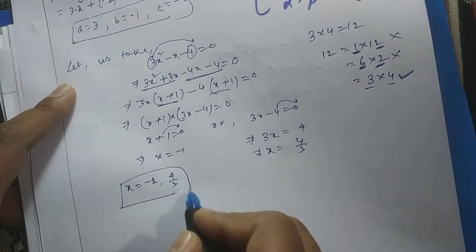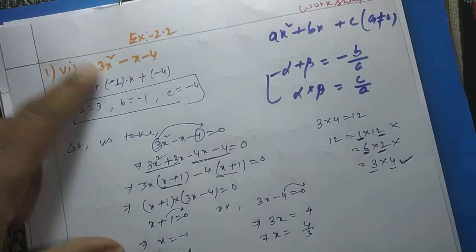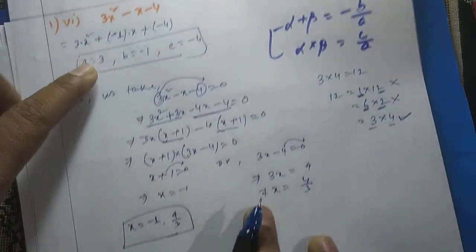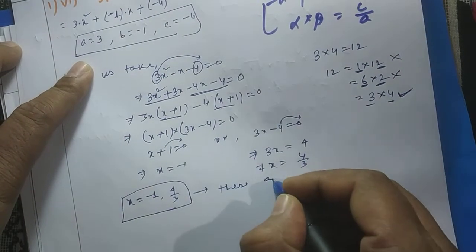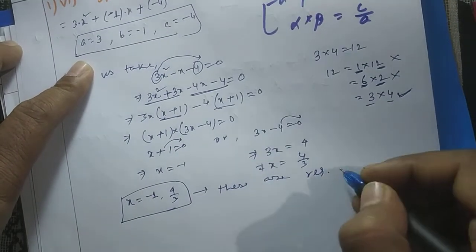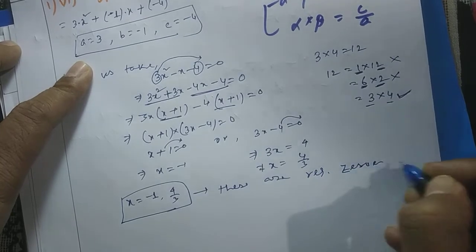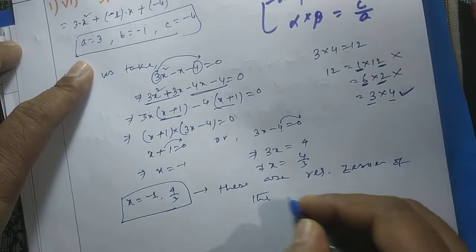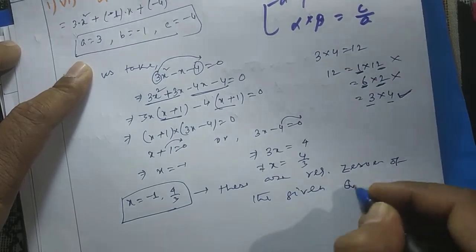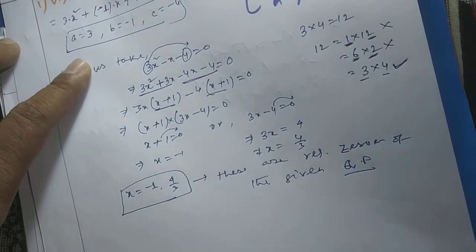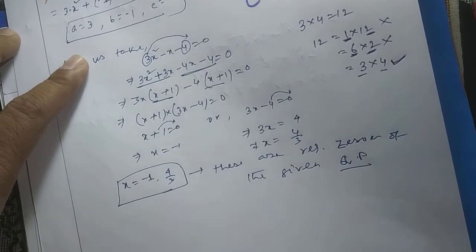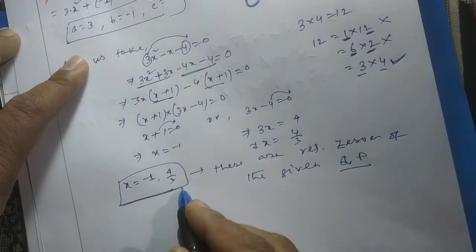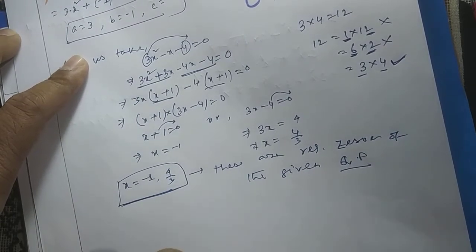These are the required zeros of the given quadratic polynomial. So write: these are the required zeros of the given quadratic polynomial. So in this way we have got two zeros of the given quadratic polynomial.